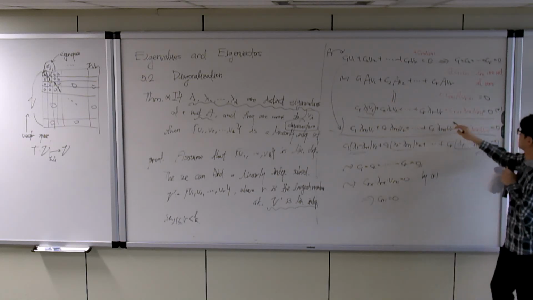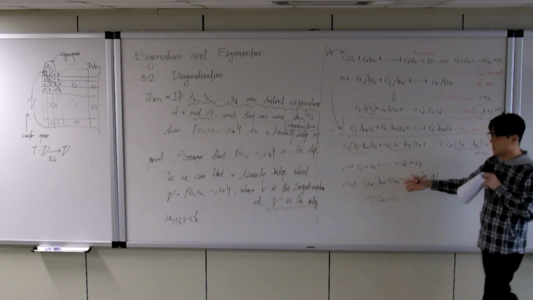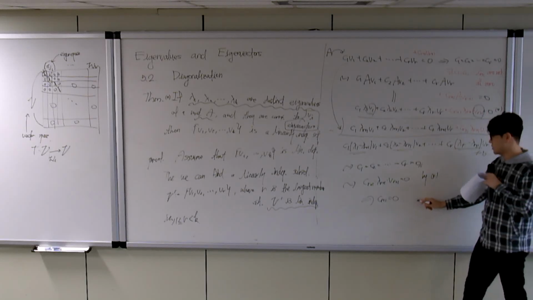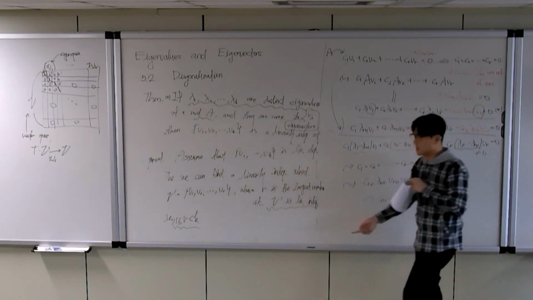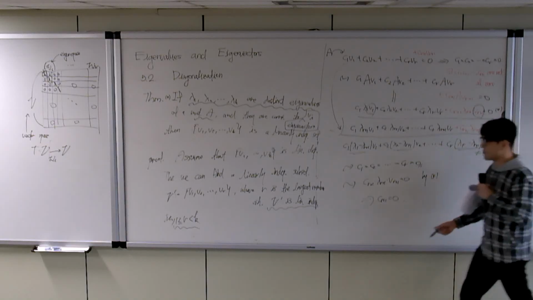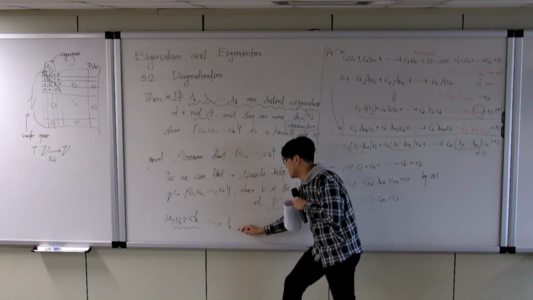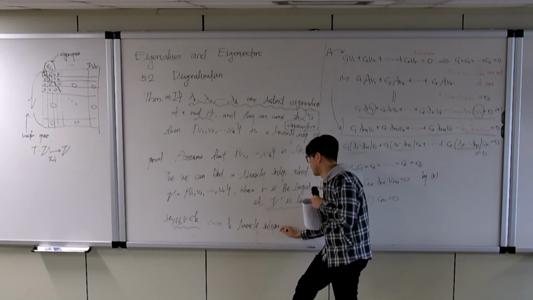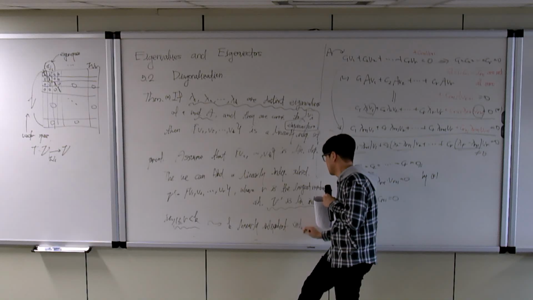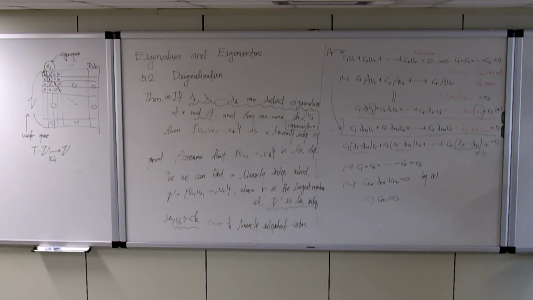I will say again. Diagonalizable means there is an invertible matrix P such that P inverse A P is a diagonal matrix, and this holds if and only if A has n linearly independent eigenvectors.